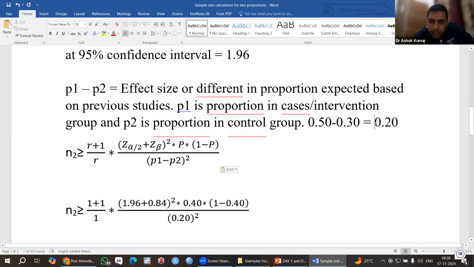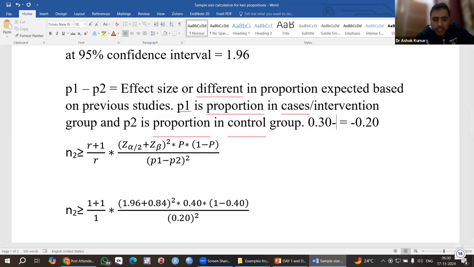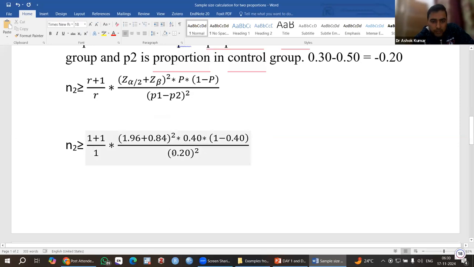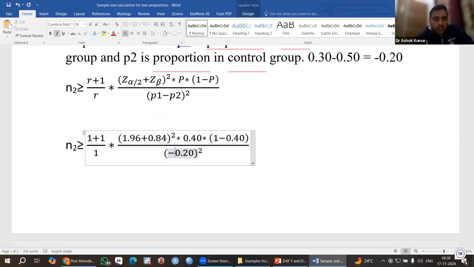So I can put a minus here. No issue, because it is squared, so it will come positive. There is no problem for sample size.